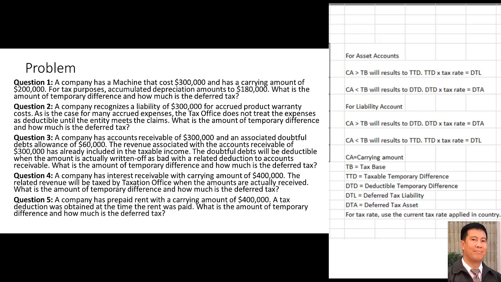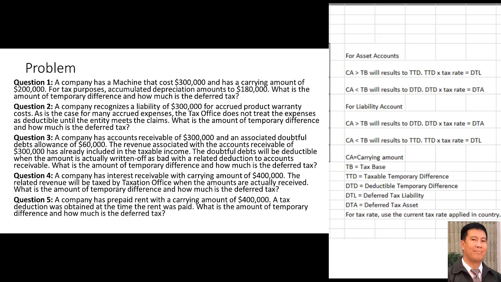Now, this is what I call cheat codes. Even in CPA review, I was doing this when I was handling the financial reporting there. For an asset, if carrying amount is greater than tax base, that will result in taxable temporary difference. So are we clear?